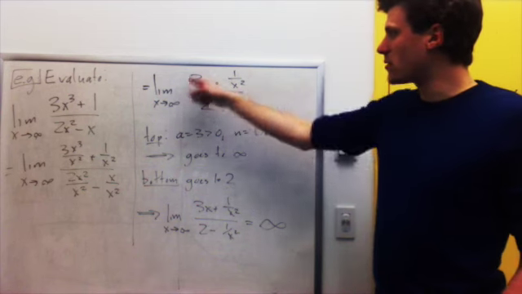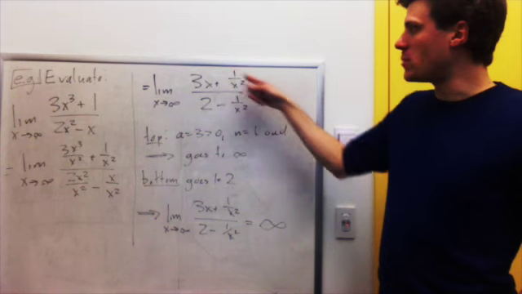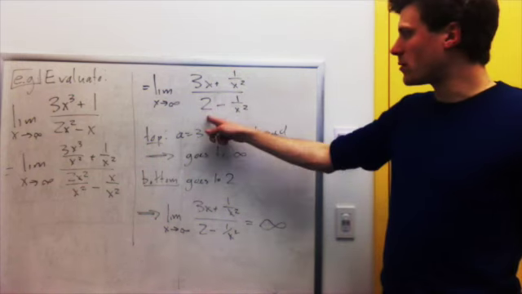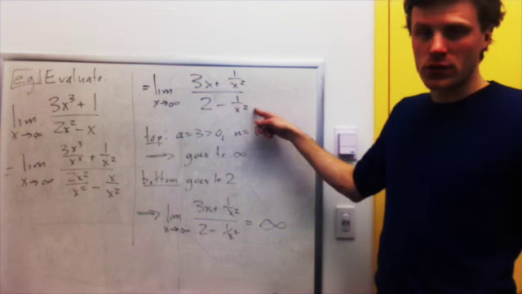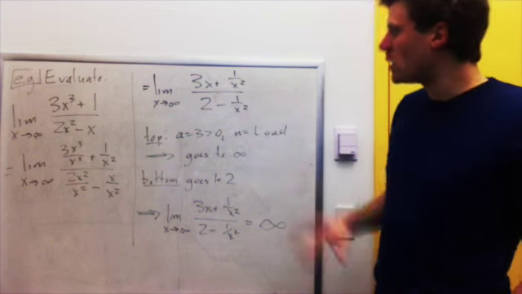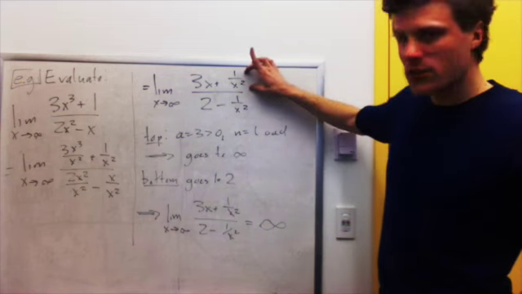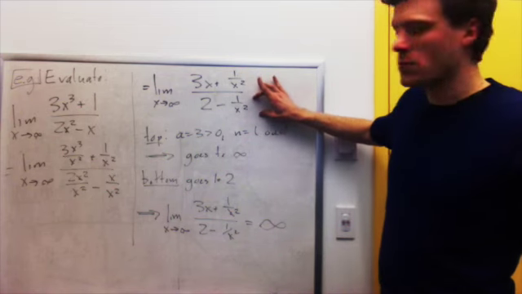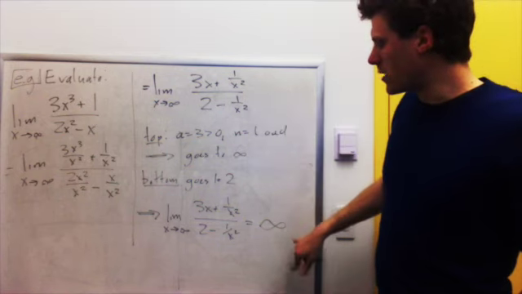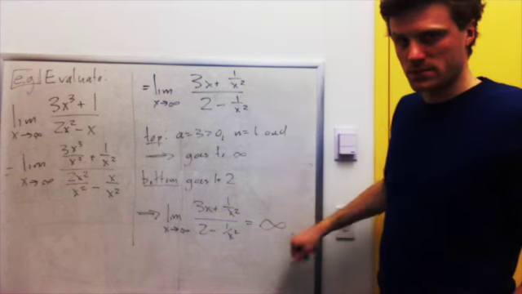So the top is going to infinity plus 0, which is going to infinity. The bottom, well, 2 is 2, and 1 over x squared goes to 0, so the bottom is going to 2 minus 0, which is 2. So I've got a quantity going to infinity divided by a quantity going to a positive constant. Infinity over a positive constant will give me infinity.